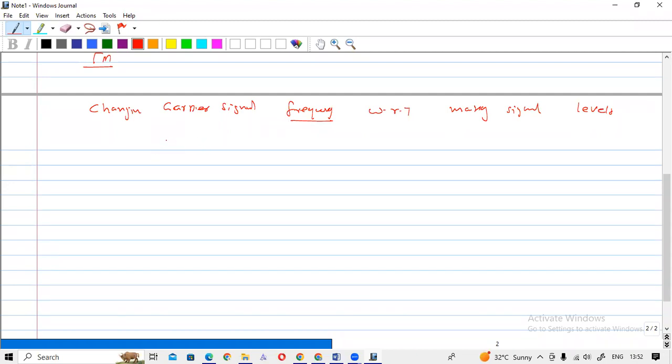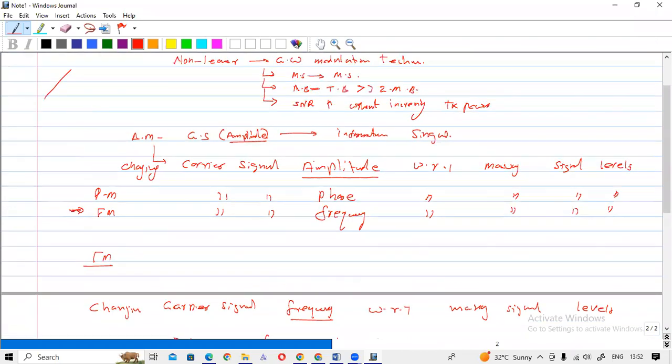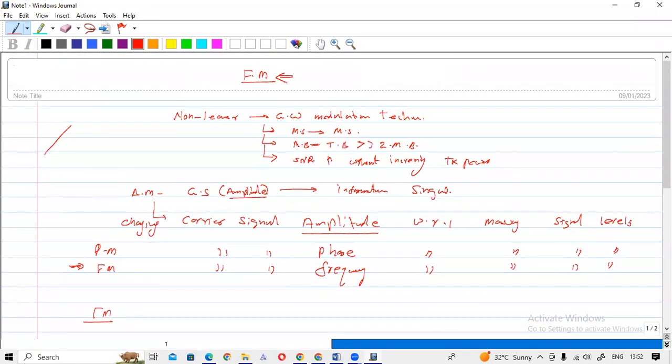So in an FM signal, the frequency is changing. Actually, if you have gone through PM, in PM also the frequency is changing. We are changing the phase, but again the frequency will also be changing.